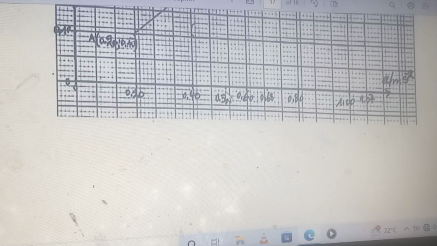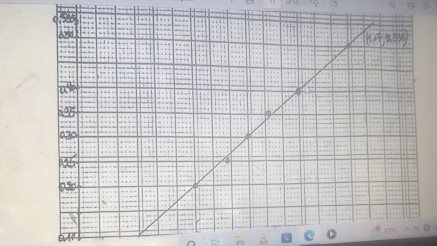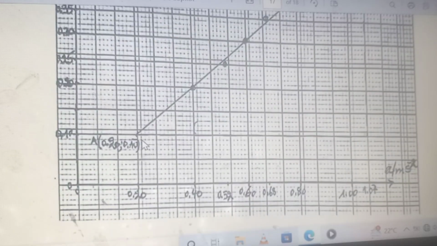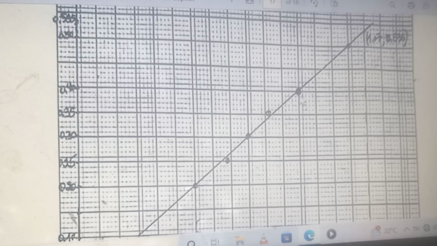Before you put all points, make sure all points are plotted well, joining the y and x axis, and also draw the best line. As you see, this is a straight line. These points are joined well, but these points are not on the best fit line.